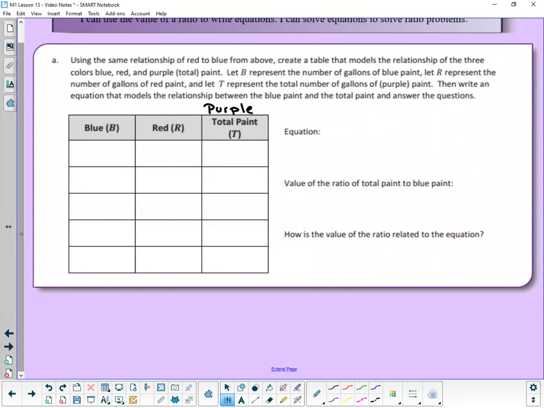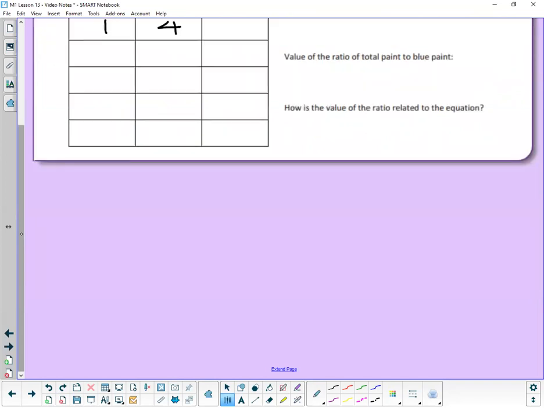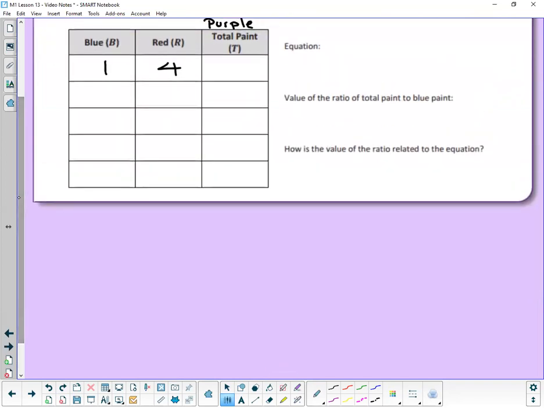Okay. So remember, our relationship is if I have 1 gallon of blue, 4 gallons of red. Now, if I have just 1 gallon of blue and 4 gallons of red, I would have 5 gallons total.